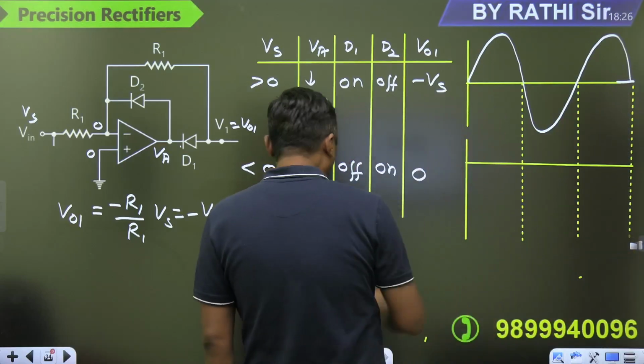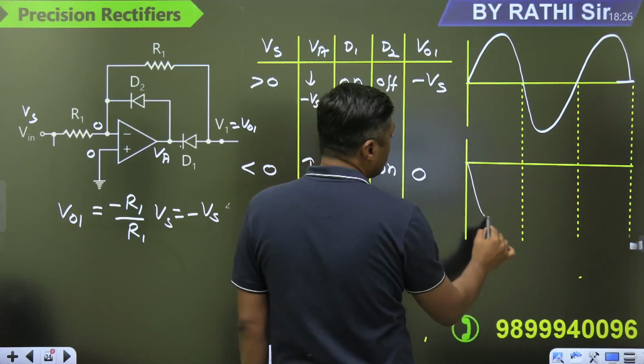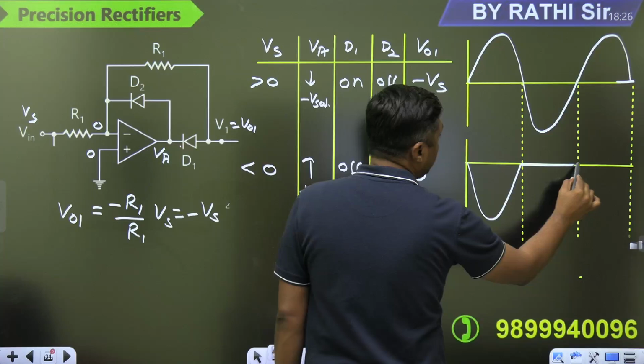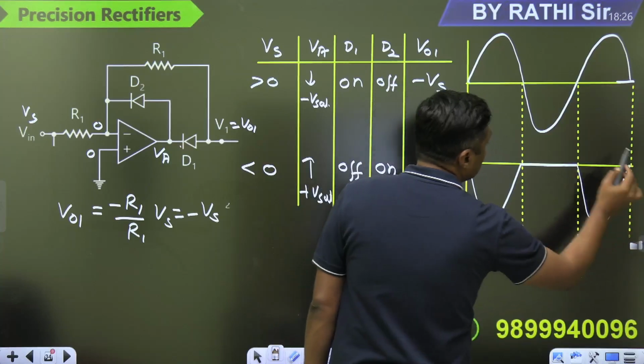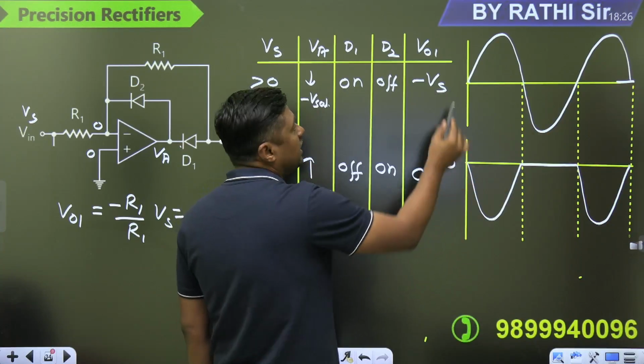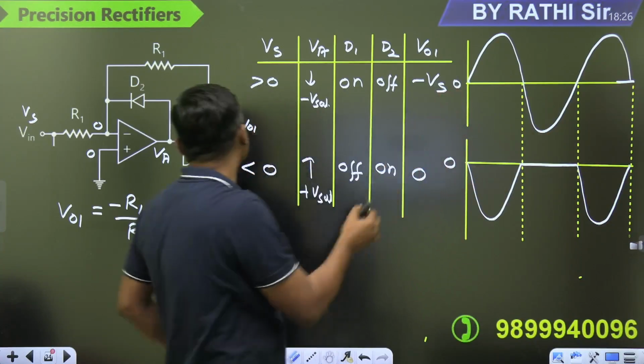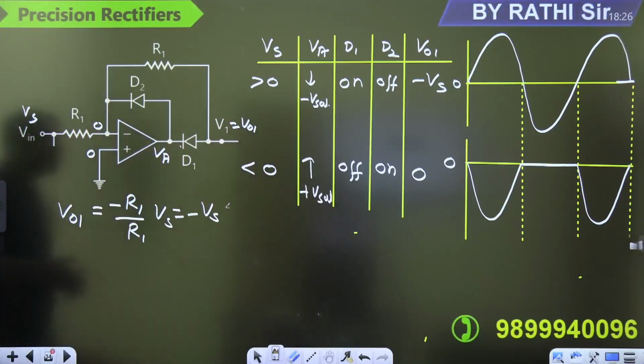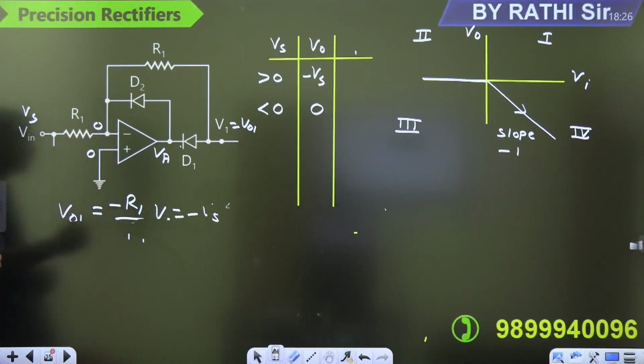For the positive half, we are getting the negative output, and for the negative half, we are getting 0. So it is an inverting half-wave rectifier. And we are getting the half-wave, and that is a half-wave rectifier. Already I have given you the transfer curve here in the fourth quadrant, and so on.